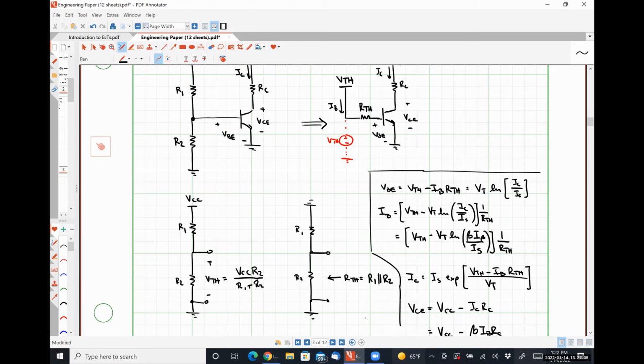So effectively just saying that if beta is really large and the base current is really small, VBE is just VCC times R2 over R1 plus R2, just using voltage division to get a good approximation and then going from there. That's really only valid though when, I think I had it written down here. Let me double check. The constraints for it being negligible. Let's call it.